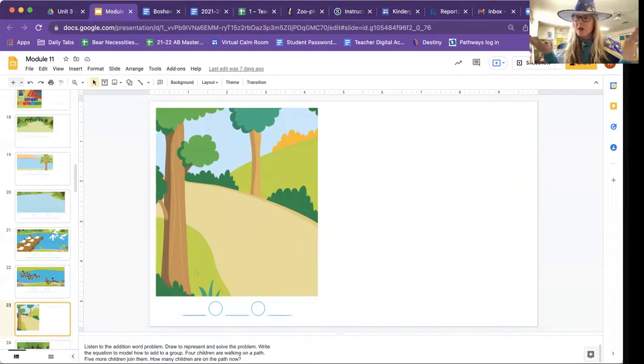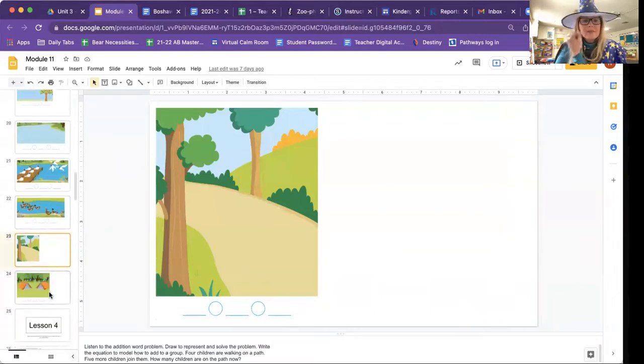How many children are on the path now? Okay, so you're going to draw to represent. 4 children were walking on a path, and 5 came to join them. Write the equation and the solution. How many are there now? And you can pause this while you do that because it might take you a little while.